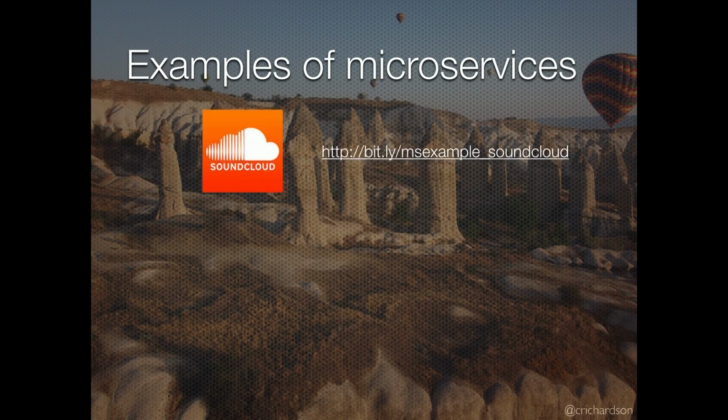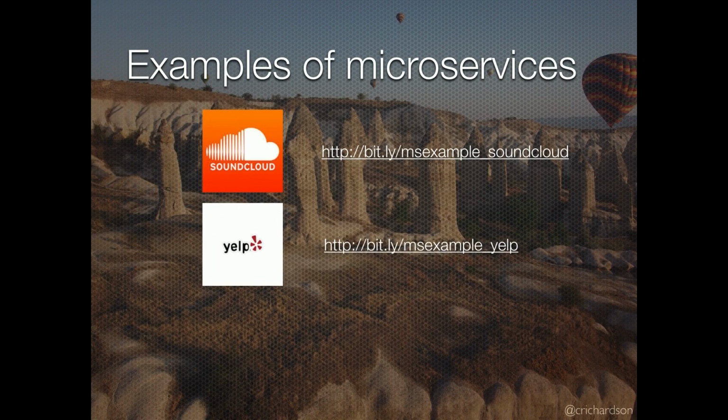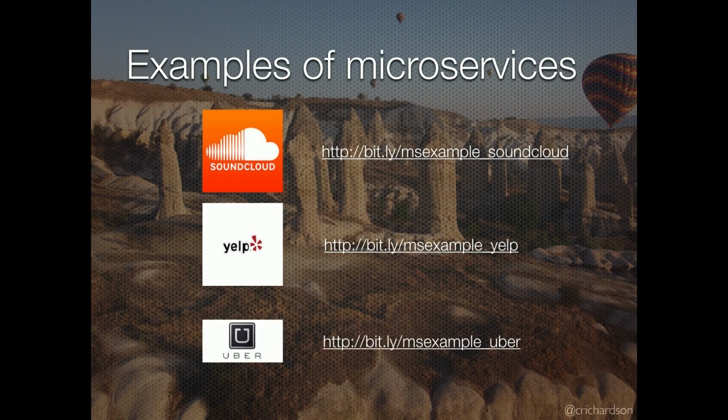For instance, SoundCloud, the audio platform, has written extensively about their migration to microservices, as have Yelp, the review service for business, a great place to find restaurant recommendations. And then Uber has talked about how they've adopted microservices. So there are countless examples out there.